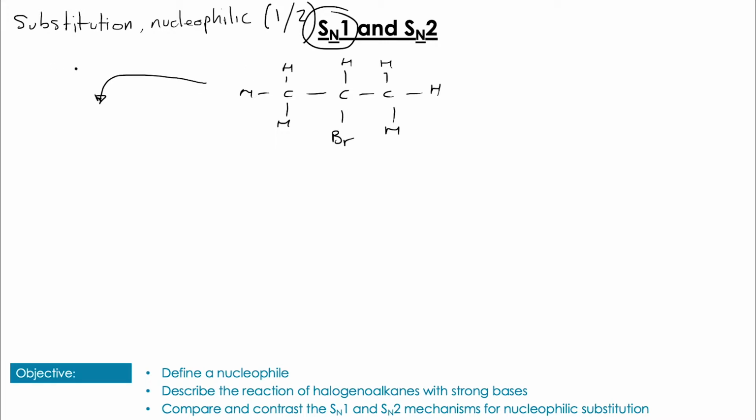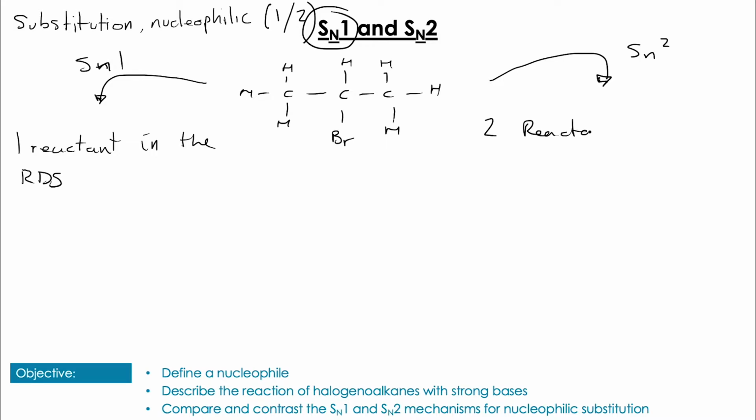Well, really, it's quite simple. The 1 comes from the number of reactants that are present in the rate determining step. So in an SN1 reaction, we have 1 reactant in the rate determining step. In SN2, we have 2 reactants in the rate determining step. This means both of the reactions will have slightly different rate equations.